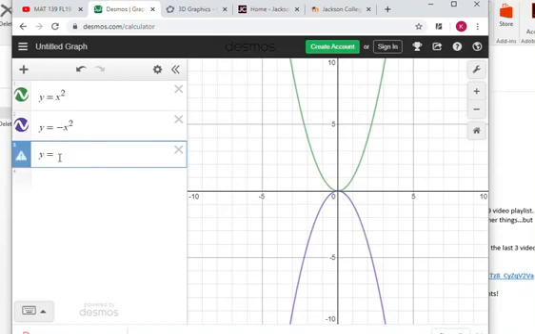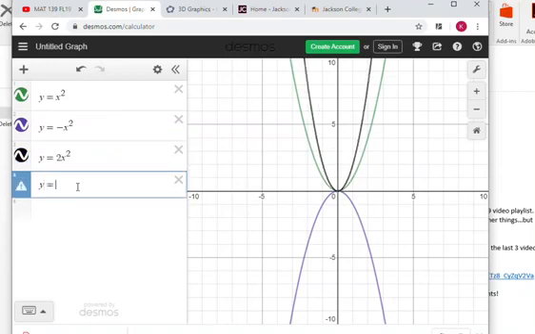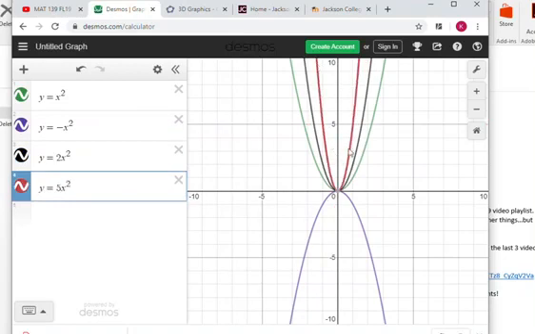What if I multiply x squared by other numbers? Maybe 2x squared. My graph seems to have gotten narrower. What if I do 5x squared? There we go, it's gotten narrower yet.